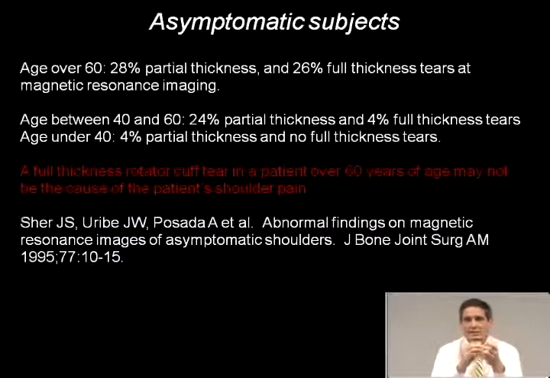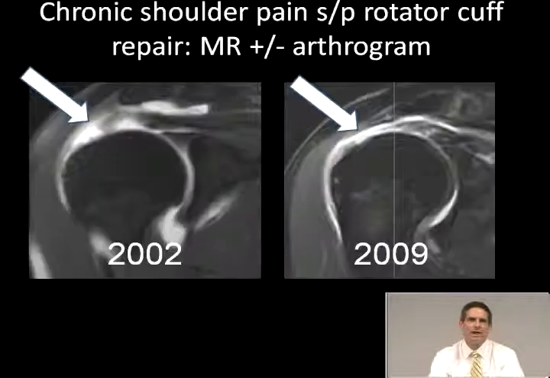You may just call them asymptomatic subjects. So if you have somebody that's 72 and has a sore shoulder or painful shoulder, and you find a full thickness rotator cuff tear, that may or may not be the cause of their pain. I mean, usually it is held to be the cause of their pain, but again, studies like this one make you realize that not all rotator cuff tears are symptomatic. So you have to ask yourself that question.